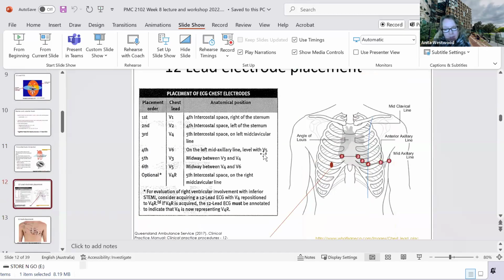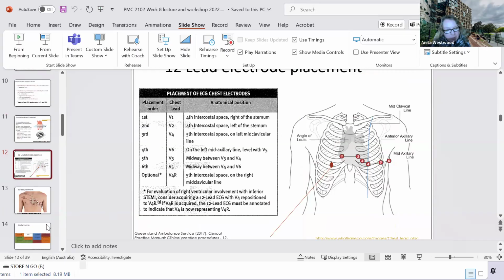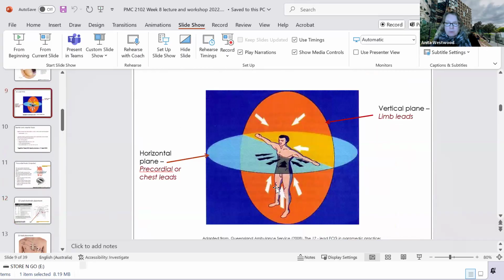And the reason for that is because we place these leads around in a different area, okay? Does that help a bit with the different planes? By visualizing it as a vertical and a horizontal plane, we can see that the view of what we're seeing is slightly different.